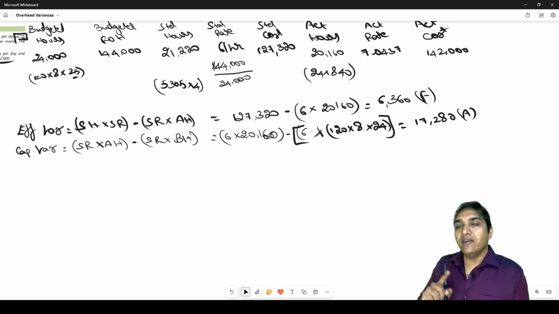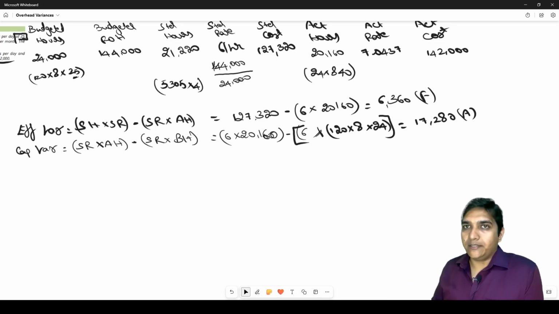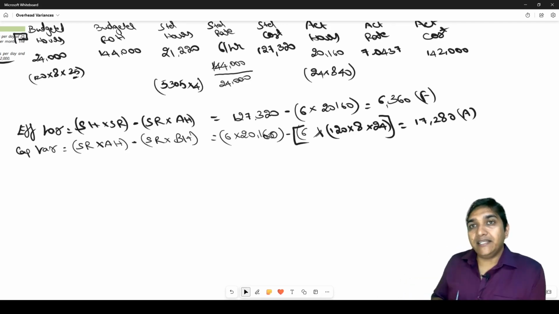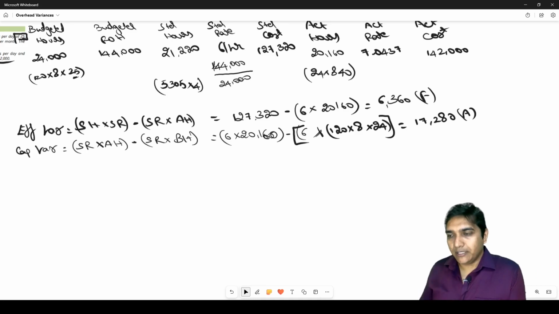So remember, whenever we are calculating capacity variance, we will take the actual number of days worked. In other terms, the budgeted hours will be budgeted hours for the actual number of days worked.